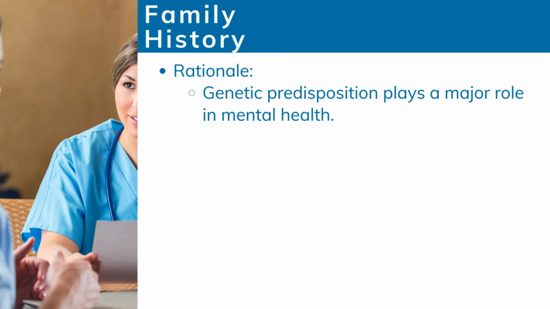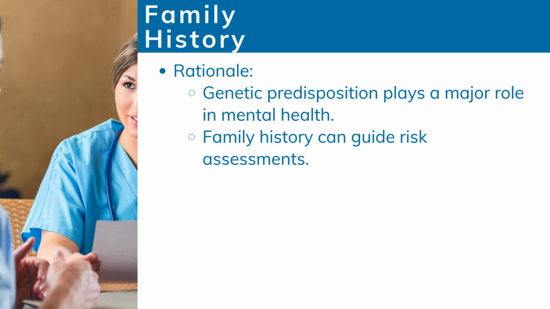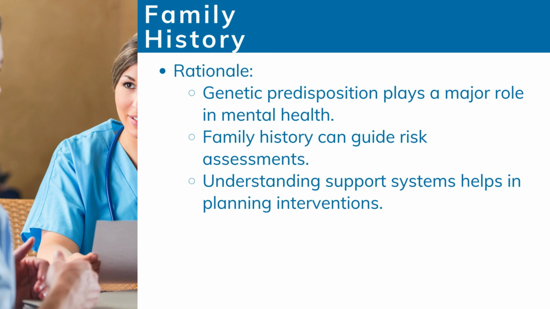Genetic predisposition plays a major role in mental health. Knowing a family history of mental disorders can guide risk assessments and preventive measures. Understanding family support systems helps in our care planning. A strong family support network can be a protective factor, while a dysfunctional one can contribute to mental health issues.